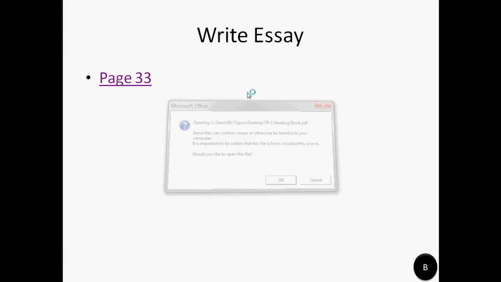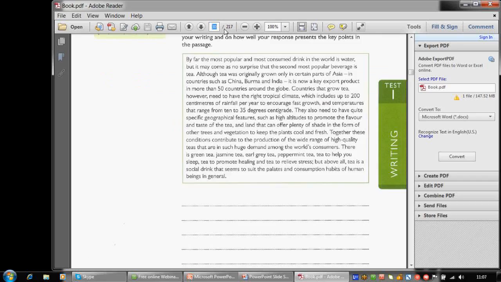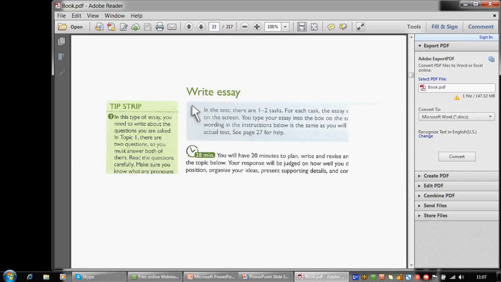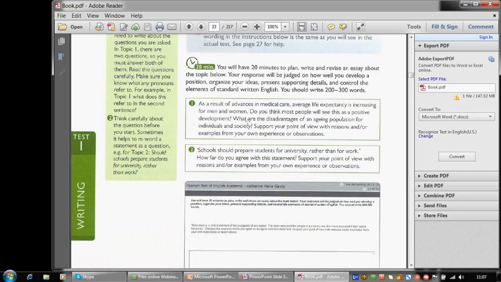In essay, let's check this one. You have got 2 essays here. Each essay is provided with 20 minutes, and it is expected that you deliver around 200 to 300 words. This section becomes very crucial for some people because they don't get words, what to write, or how to organize.